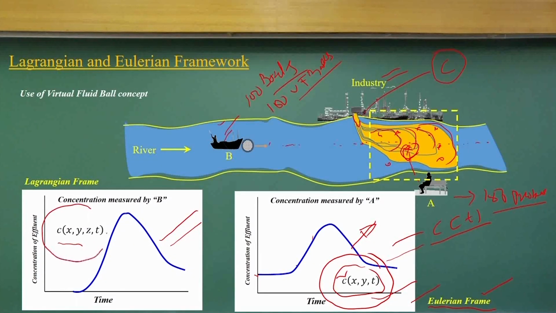This is the Lagrangian frame of description of motion, where we track a series of fluid particles or virtual balls, how their concentrations change, and based on that we define how the flow patterns are happening.